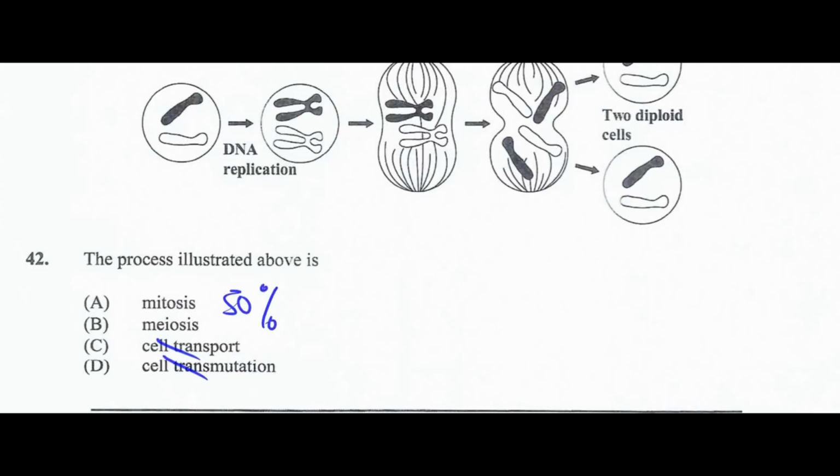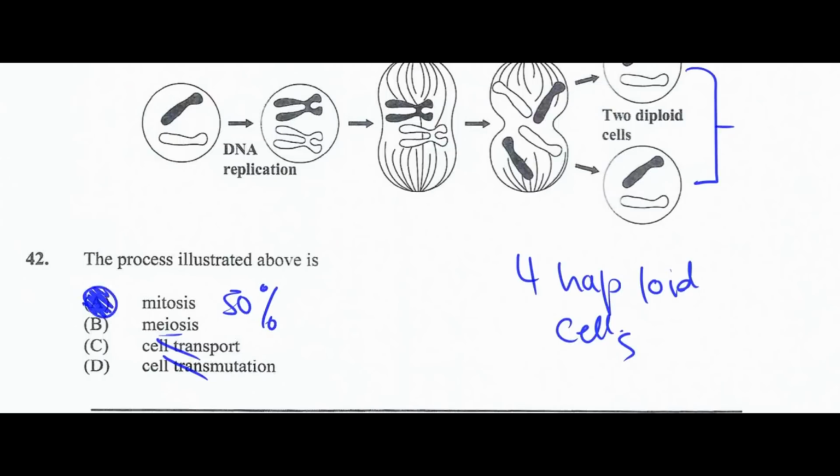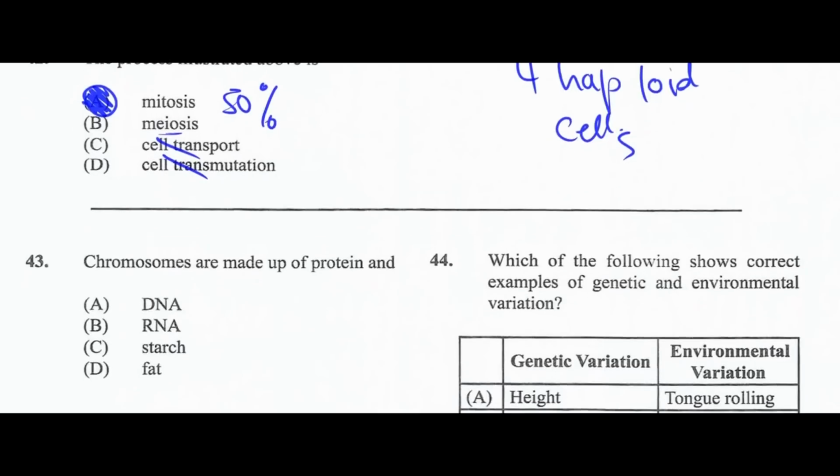Mitosis or meiosis. Now, first of all, the giveaway here is the 2 diploid cells. In meiosis, you form 4 haploid cells, right? There are some other differences, but just look at the dead giveaway here. So yeah, 42 is A.